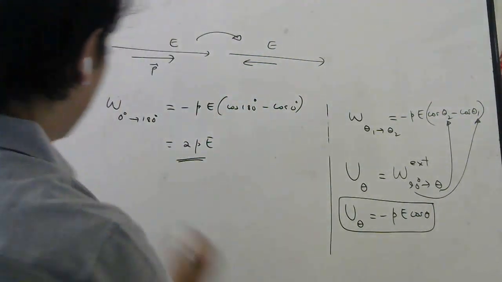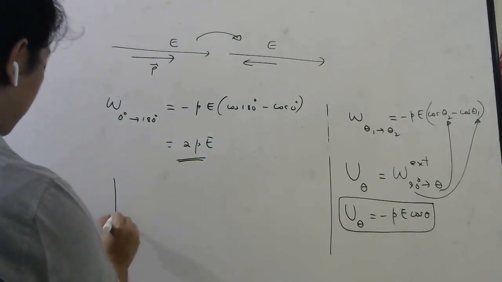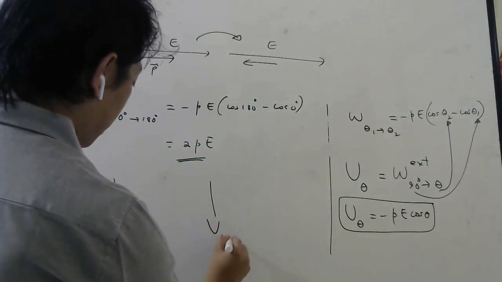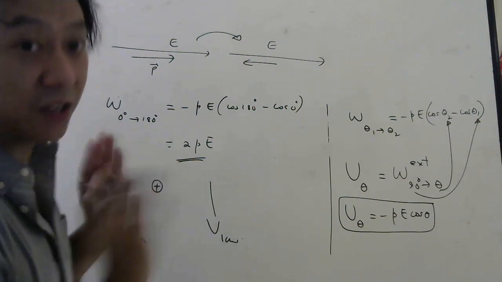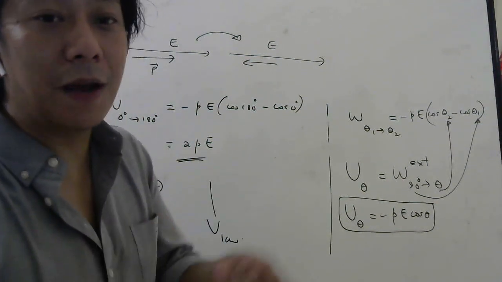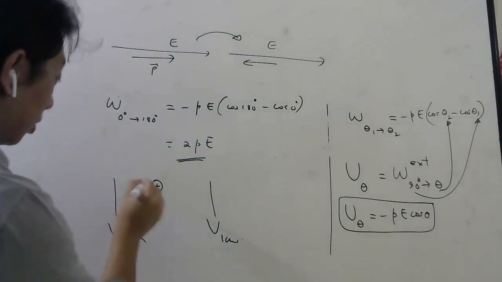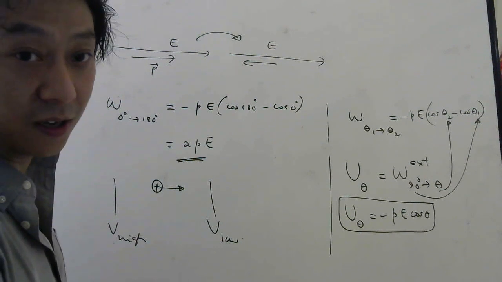Okay. Then I told you two final things, very important. If this is a region of high potential and this is a region of low potential, positive charges, when you leave them free, you should not see, if you apply force, you can do whatever you want. But if you leave it freely, then positive charges will always run from higher potential to lower potential. Why?